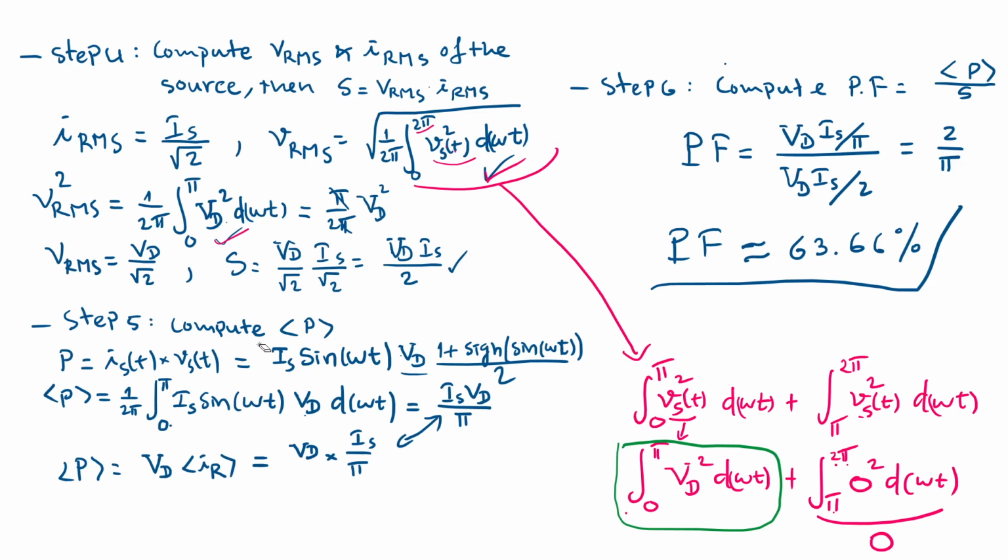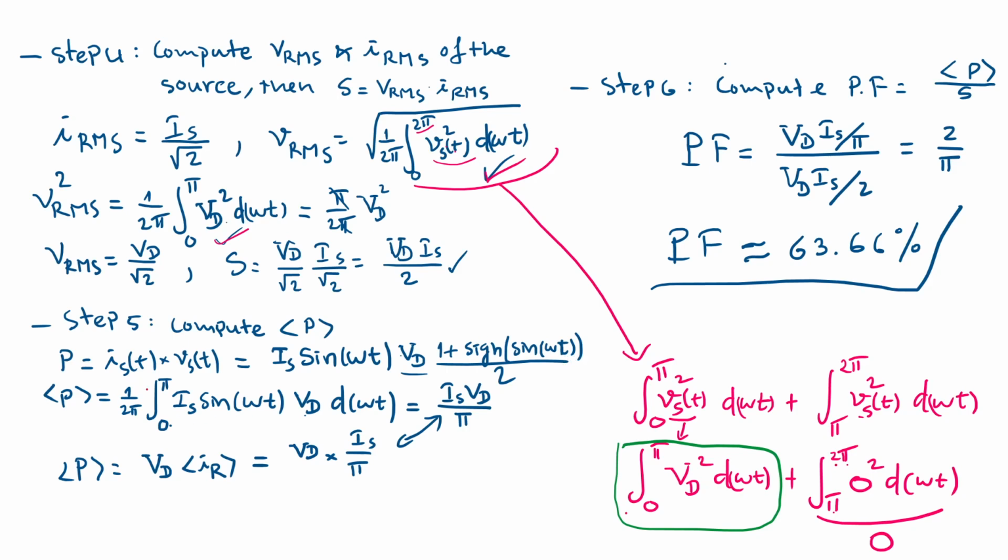Step 5, compute the real power. Actually, I use the original formulation finally. The power is the power seen from the source, so power equals the current of the source times the voltage of the source.